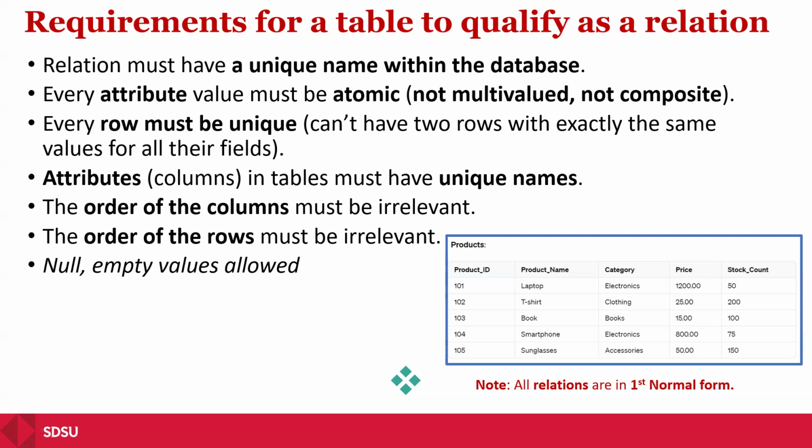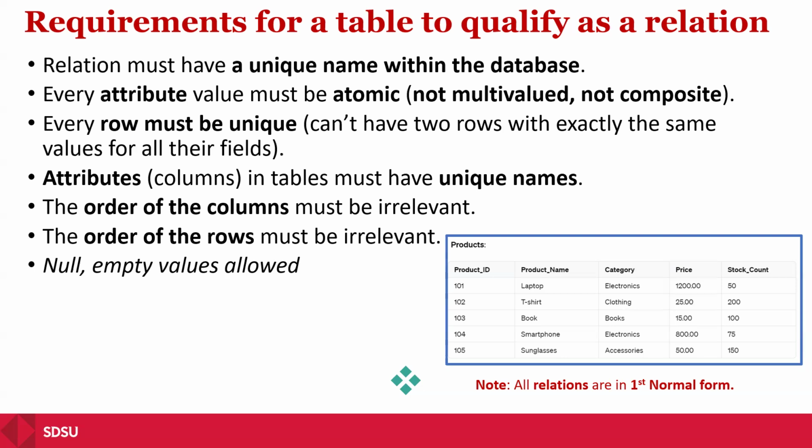What's important to understand is that if we replace the order of columns, so for example, we first list product name and then product ID and then price and then category and then stock count, it doesn't really matter for the relations. We can put those columns in any random order, and that is not going to affect data in these relations.